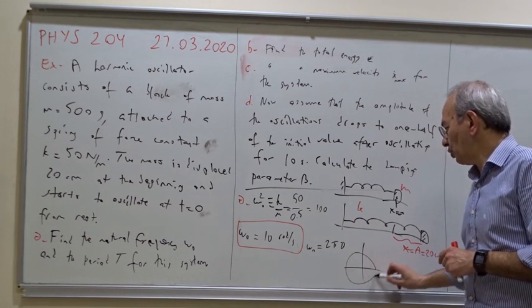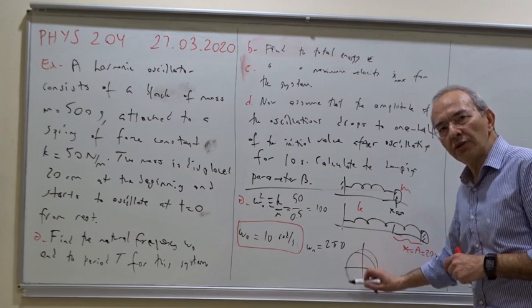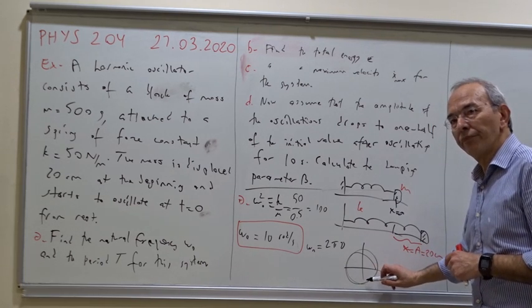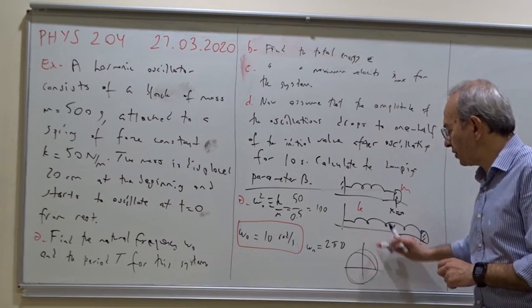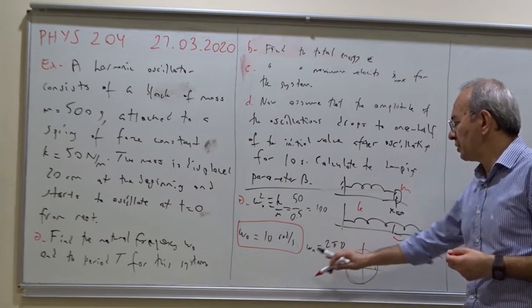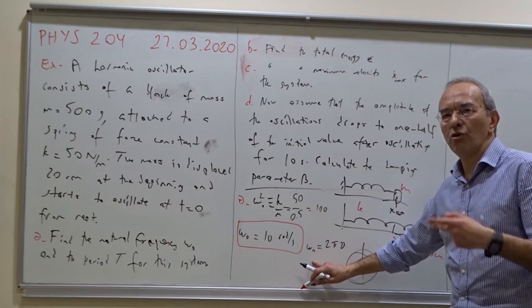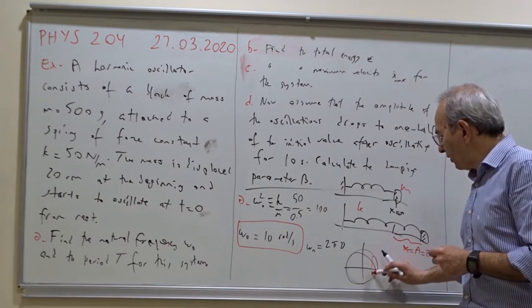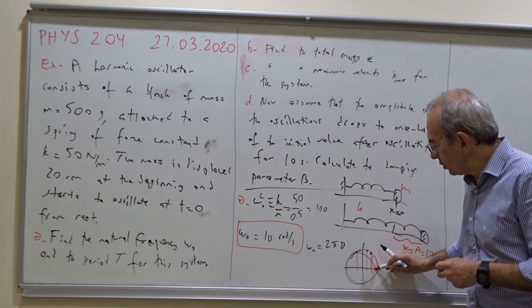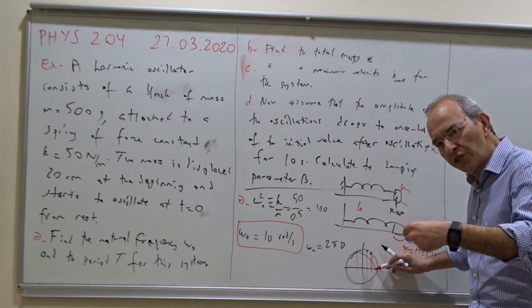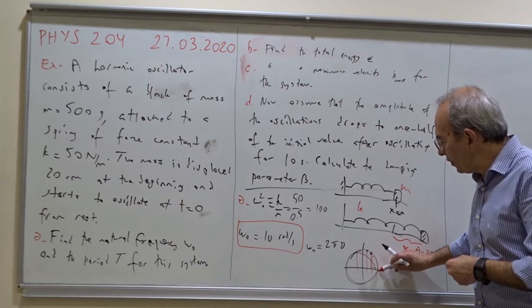If something is continuously turning in a circular way at the same radius, then this angular frequency is written as omega 0. On the other hand, the projection of this object, sort of a shadow, moves between these two ends.